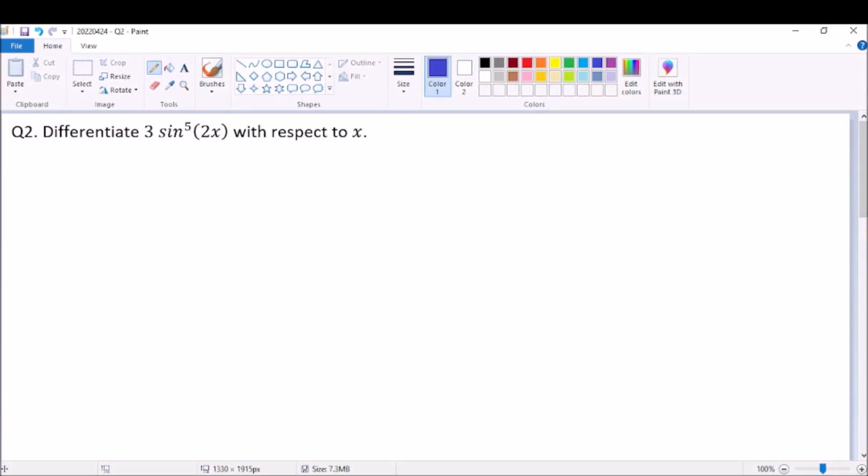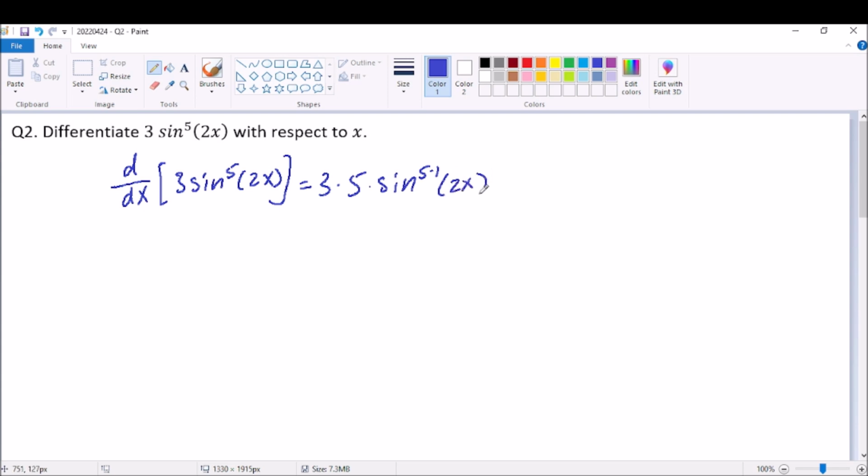Question 2. Differentiate these expressions. The simplest way is to differentiate directly as follows. d/dx of 3 sine to the power 5 of 2x equals, first we differentiate the outer expression, 3 times 5 sine to the power 5 minus 1 of 2x, and then differentiate the inner expression, which is sine 2x.